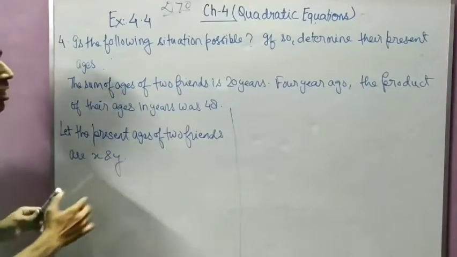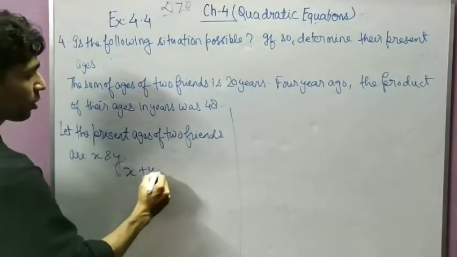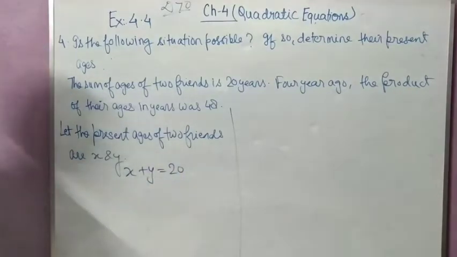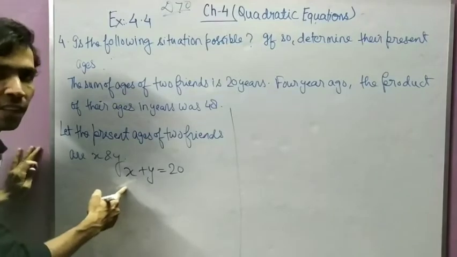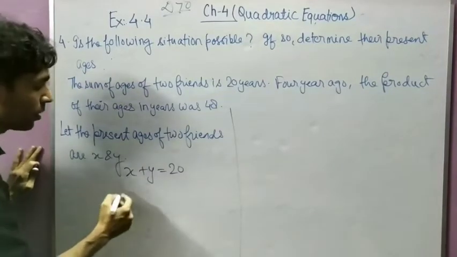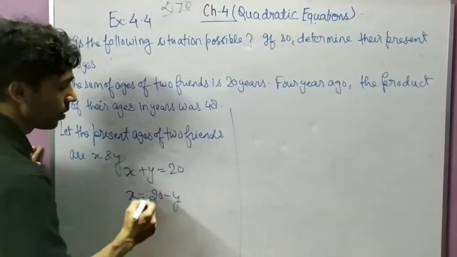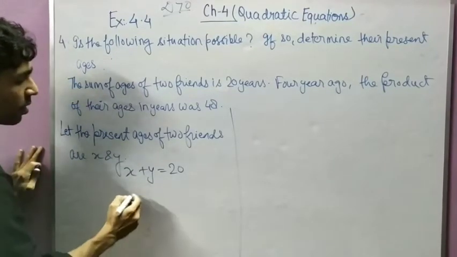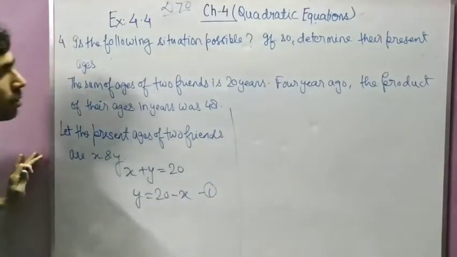The sum of their ages is 20. So that is x plus y is 20. Now I can take the value of one variable in terms of the other. So x will be 20 minus y, or suppose I write y equal to 20 minus x. Suppose it is equation number 1.